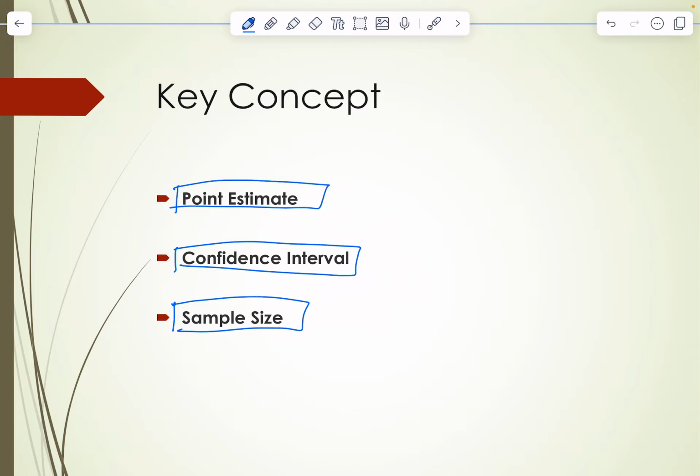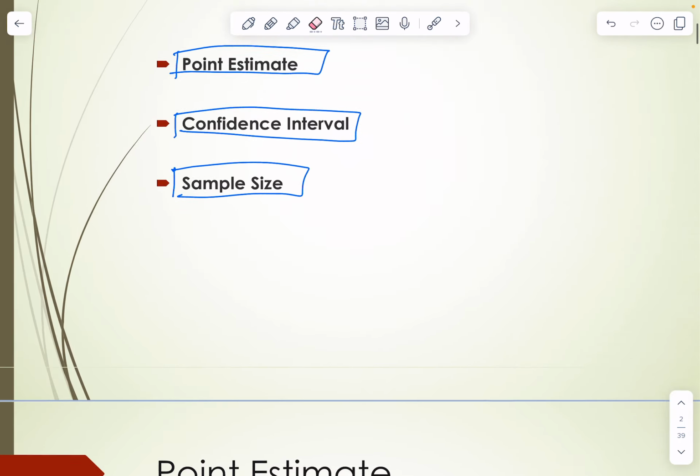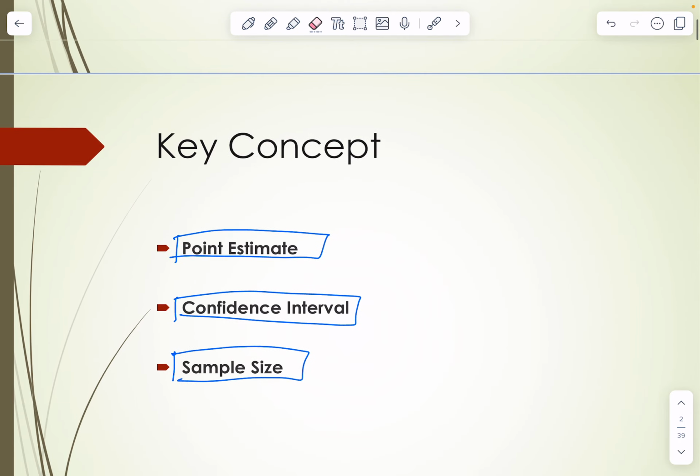Just some heads up. The idea here is we have a sample, and we want to estimate a population parameter.